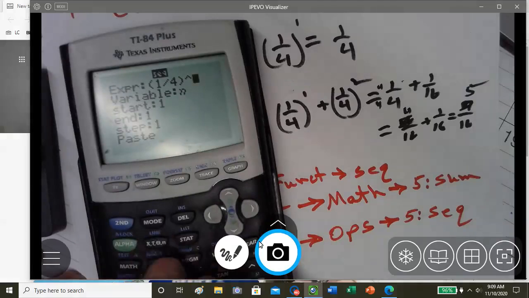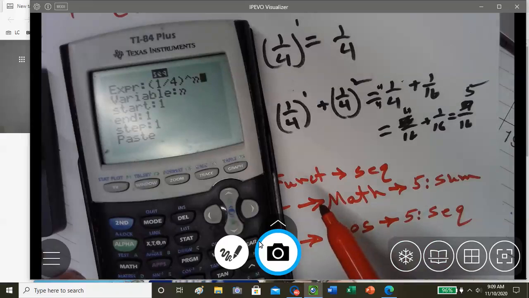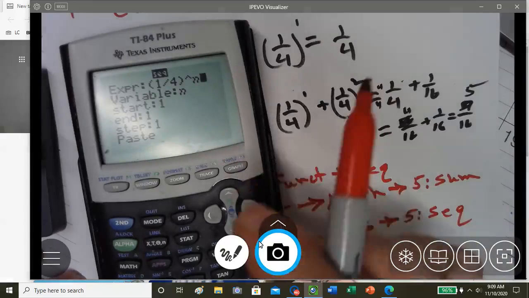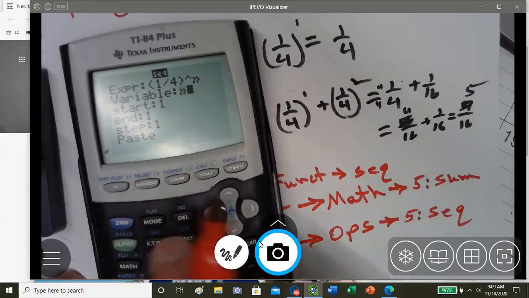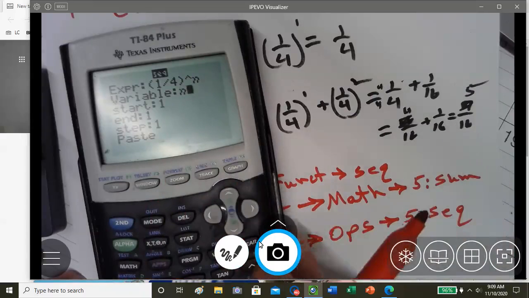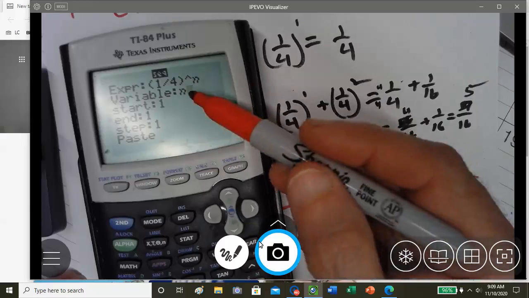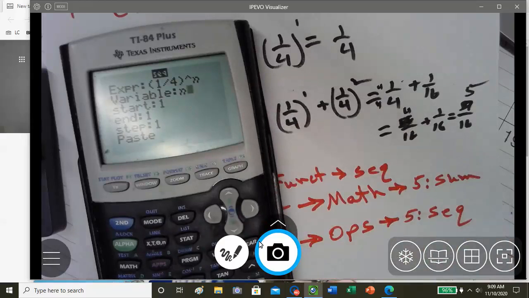Here we select x. This is x, t, theta, and because we're in the sequence mode, it's going to select n instead of x. And then we type in our variable. We type in the x again, and it automatically puts in our variable as n.